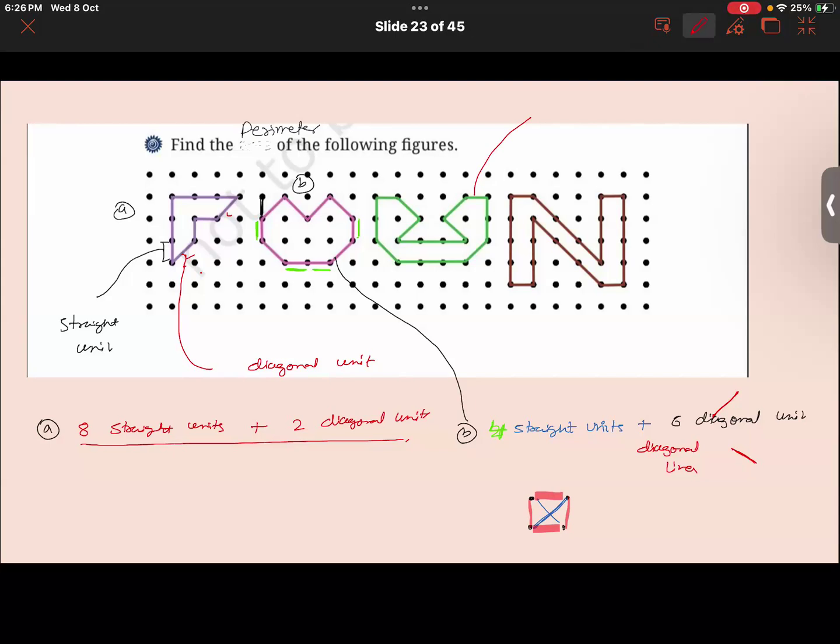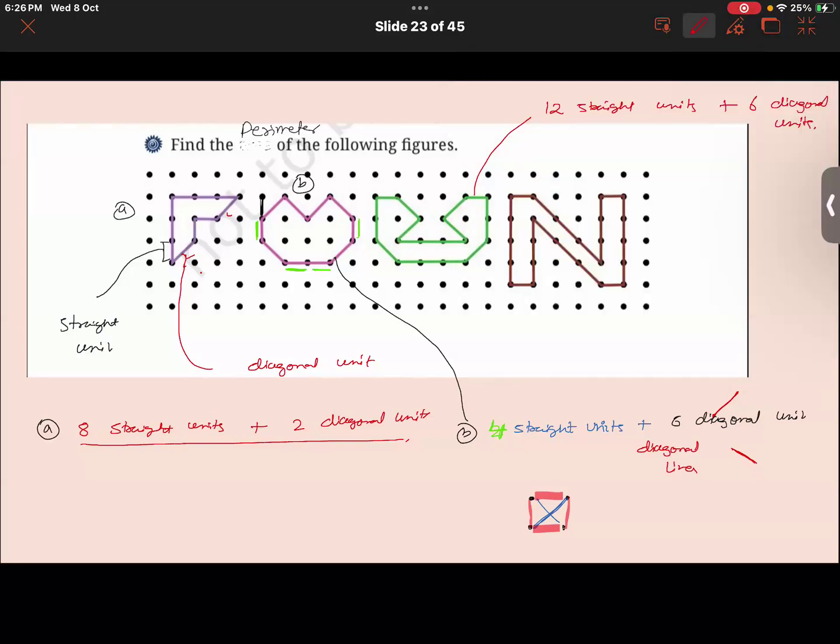And how many diagonal units are there in it? One, two, three, four, five and six, right? Okay, six diagonal units. Okay, last one.